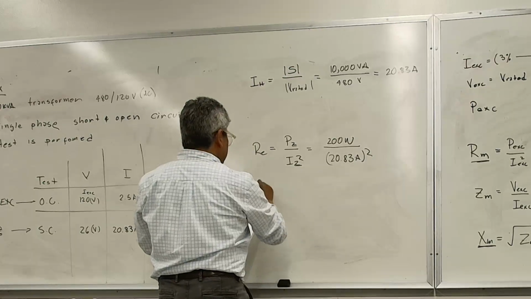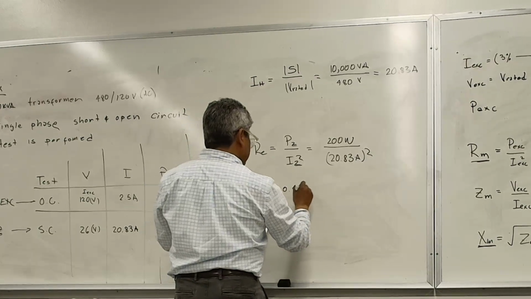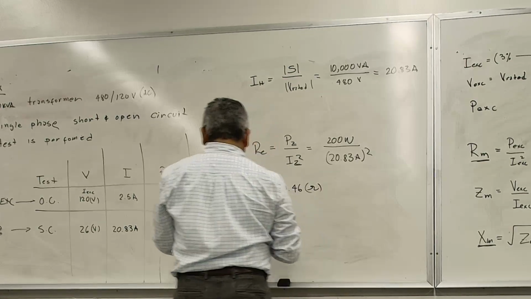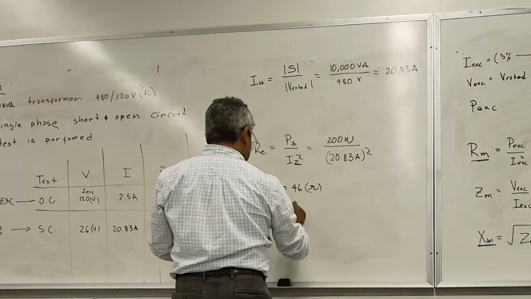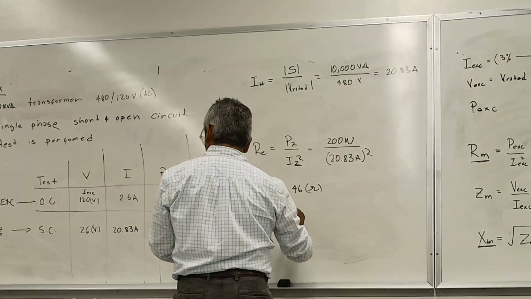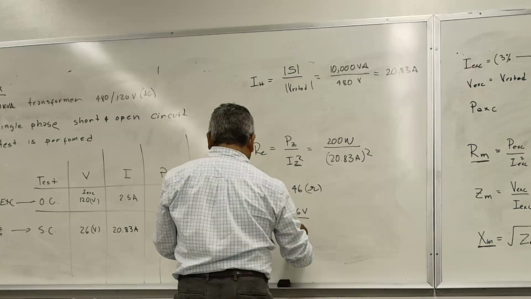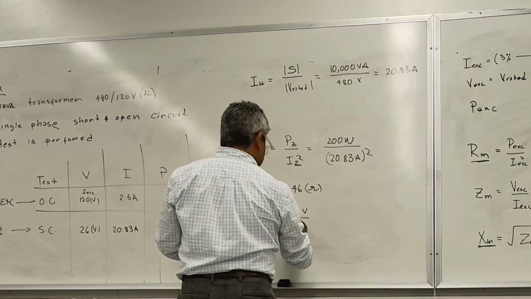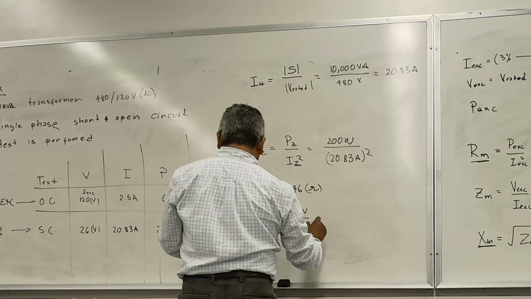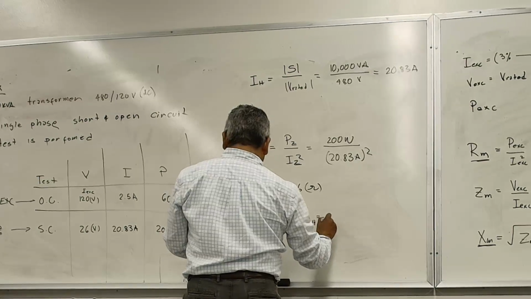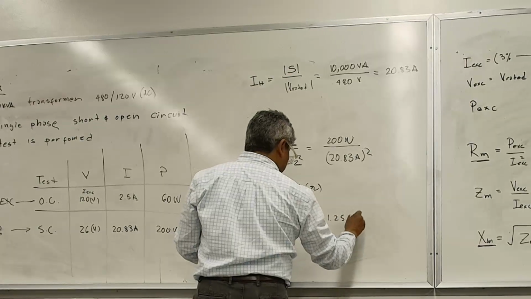So RE is equal to 0.46 ohms. Okay. My ZE is equal to the voltage, in this case 26 volts, divided by IZ, which is 20.83 amps. And that gives me a value of 1.25 ohms right here.